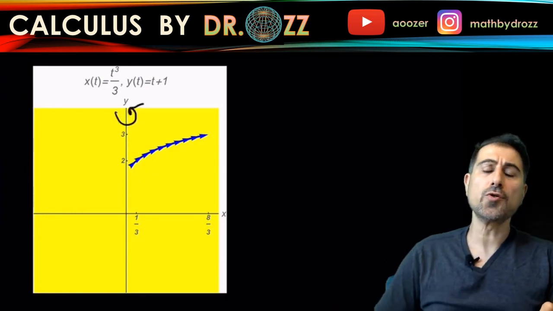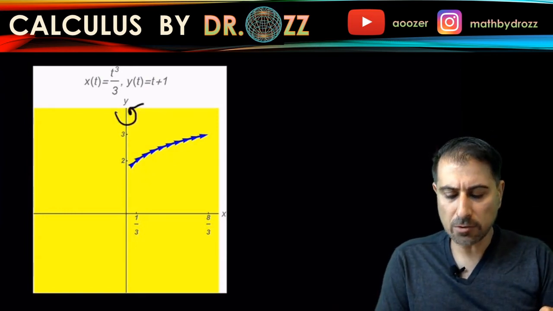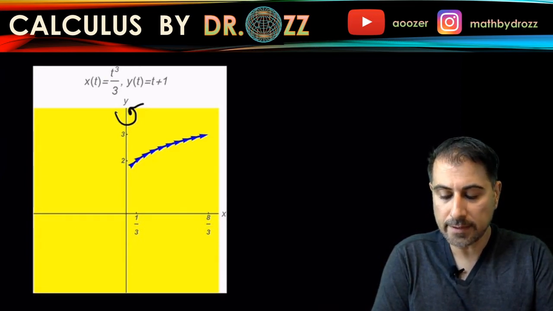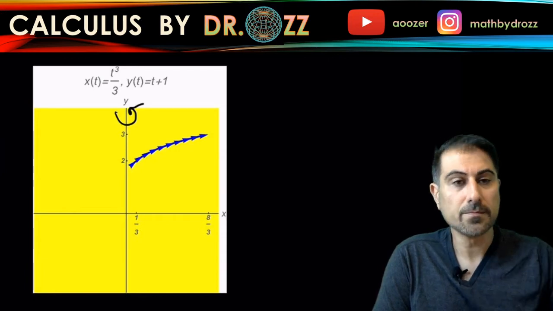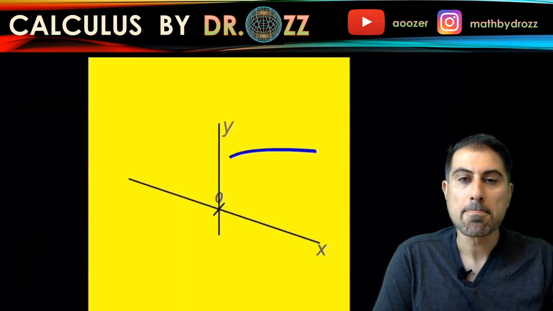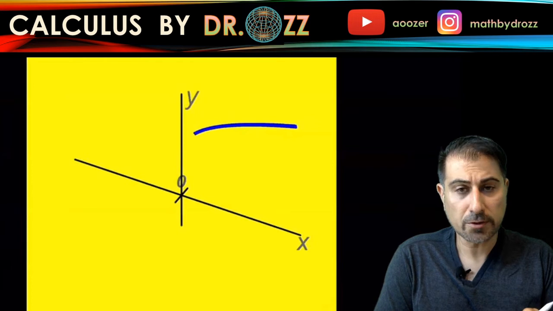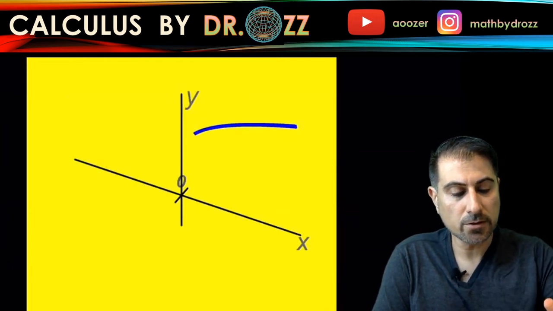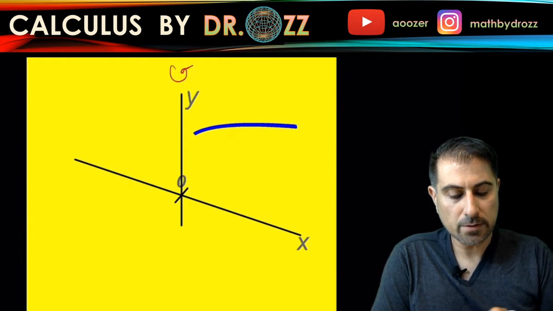Let me just show you how it looks when you look at the 3D version of this. So there we go. This is our curve. Here's our y-axis. The revolution is going on in this direction.